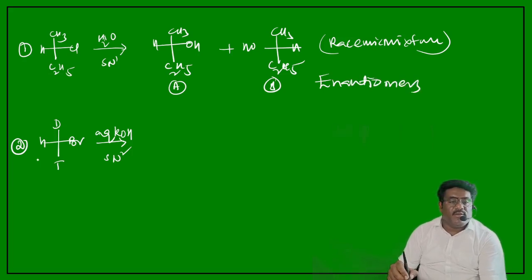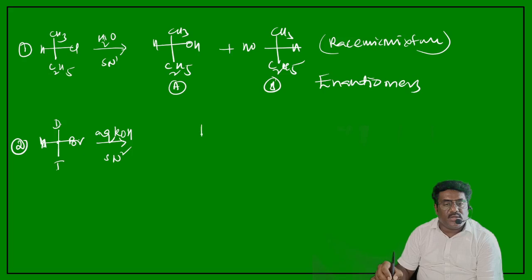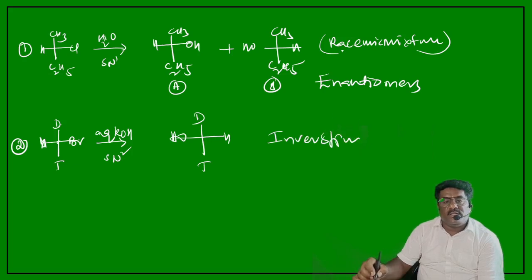See, if I am taking a second example, H, D, T, hydrogen, deuterium, tritium connected with Br, with aqueous KOH. Aqueous KOH means HOH, it undergoes SN2. It gives an inversion product, not a retention product.